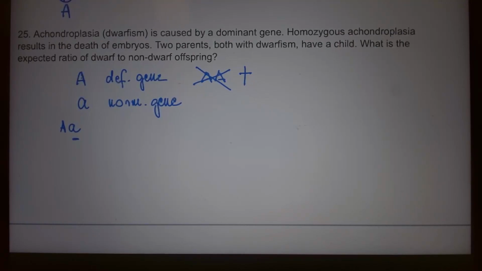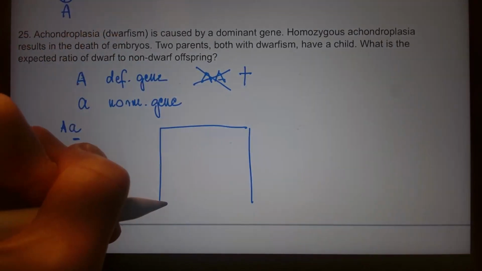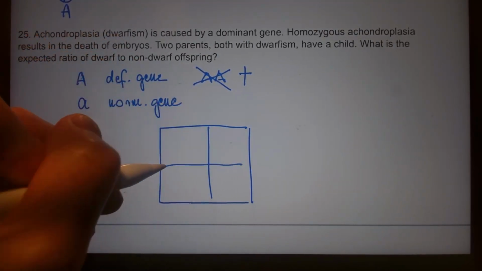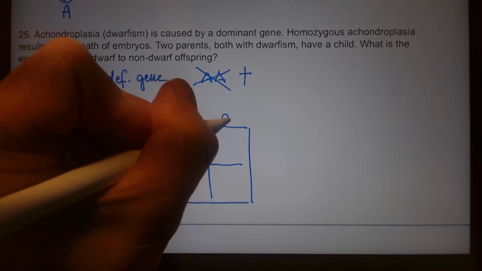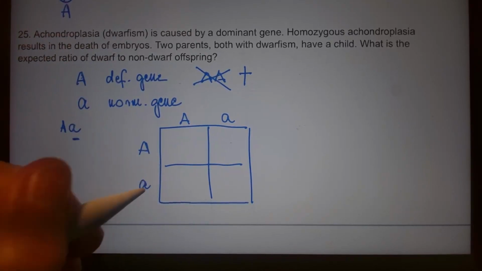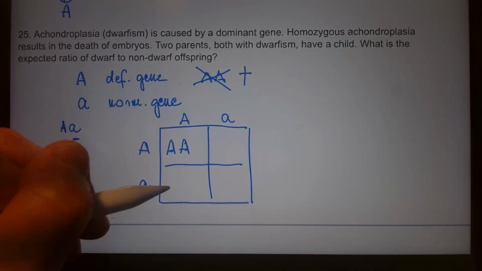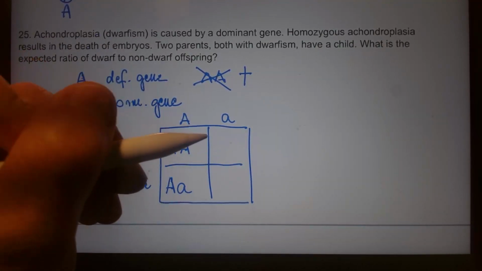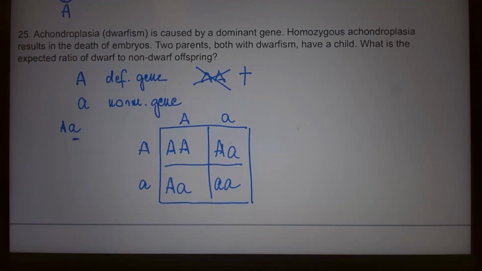So two parents, both with dwarfism, have a child. Draw out the Punnett square. Both of the parents are heterozygous, because if they were homozygous dominant, they would not be alive. They have a child. Let's do the crossing. What is the expected ratio of dwarf to non-dwarf offspring?